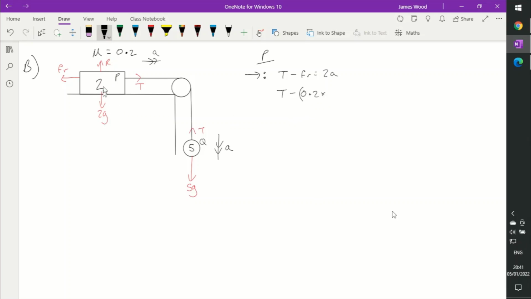It's quite a simple case. There's no other forces affecting it vertically. So that's just 2G for R. So I can solve this to find, oh no, I can't solve that quite yet. I need to do it for Q as well. So for Q, we can resolve downwards, and we can say that 5G minus T equals 5A.